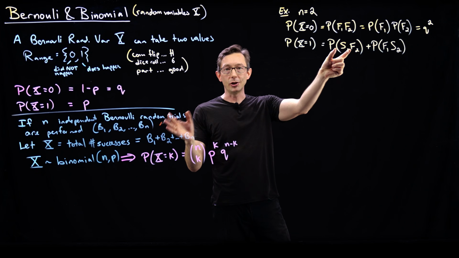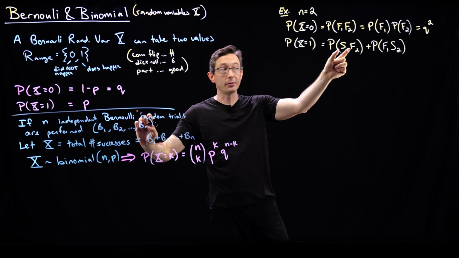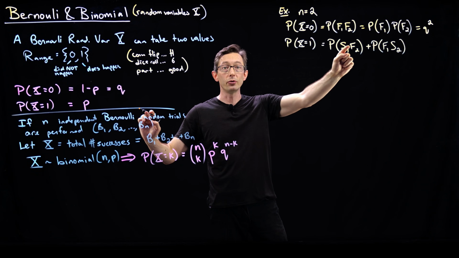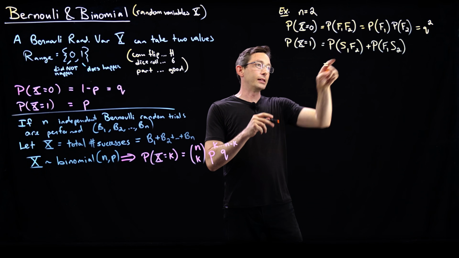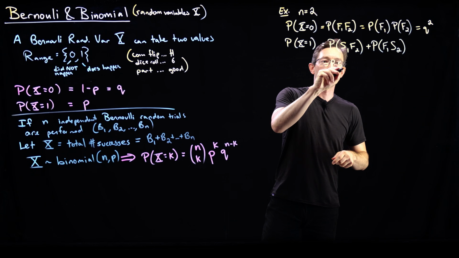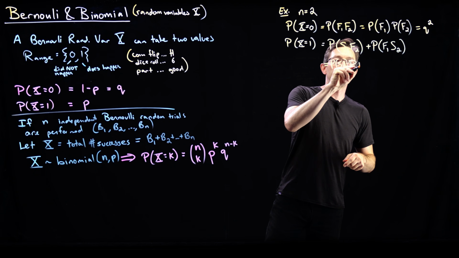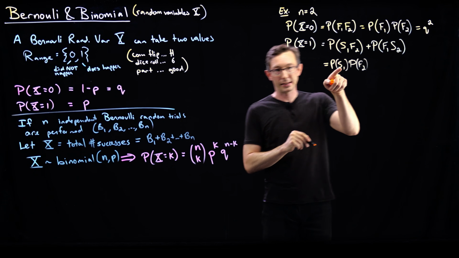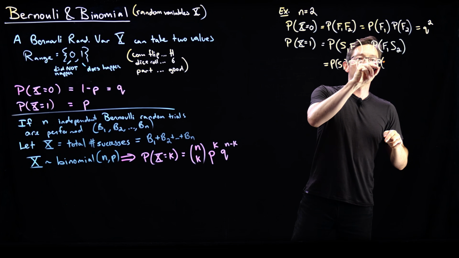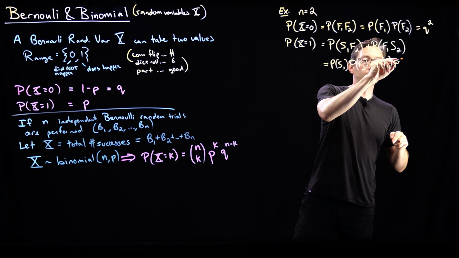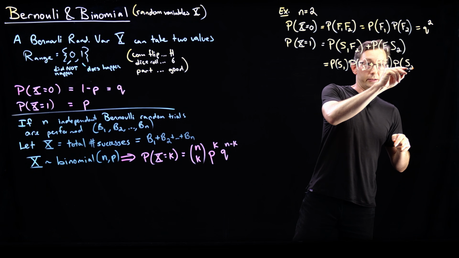And again, because each of these are independent random trials, the probability of these 2 things happening is just the probability of each of them happening. And this is P success 1 times P failure 2, success of my first trial, failure of my second trial, plus the probability of my first trial failing times the probability of my second trial succeeding.